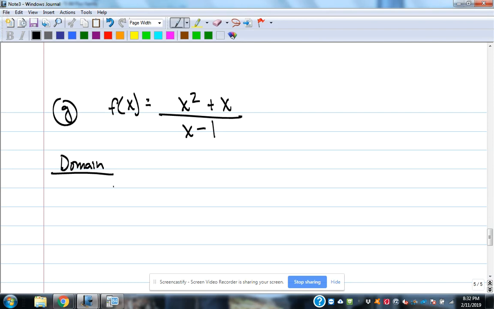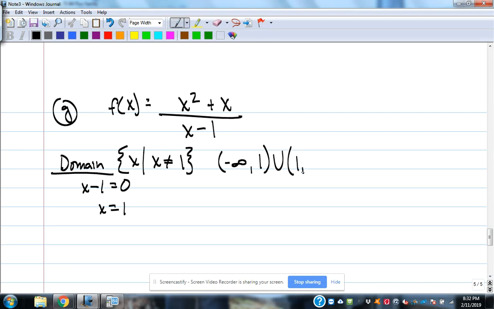Set what to 0? No. x minus 1, the denominator. Set it equal to 0. We get x equals 1. So our domain is x's as long as x isn't 1. So that means we're going from negative infinity up to 1, hop over 1 to infinity.